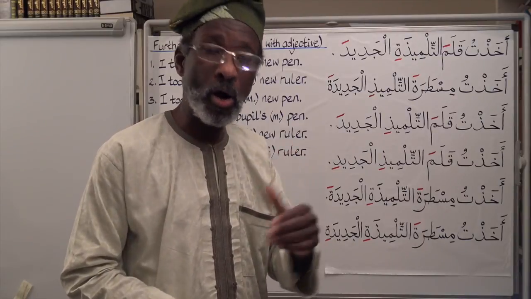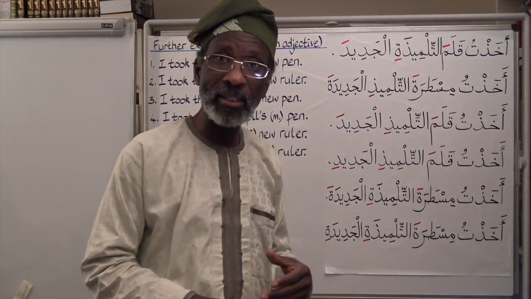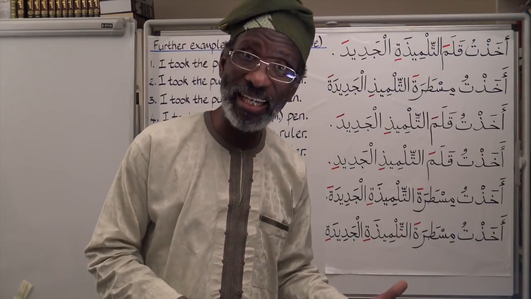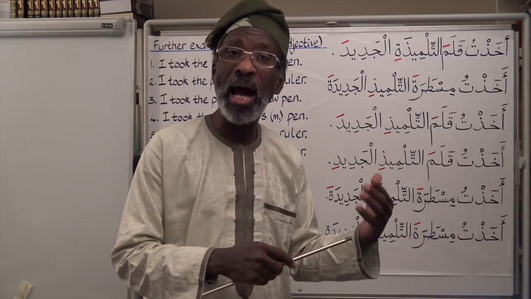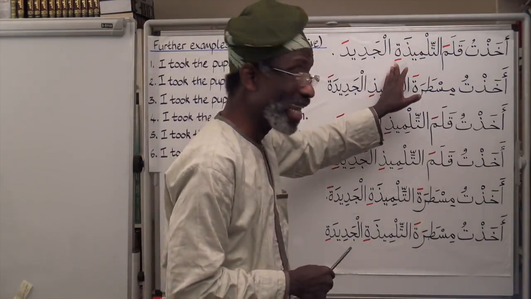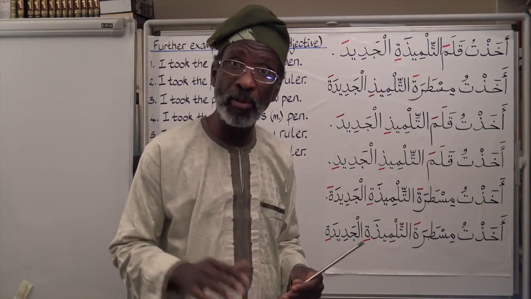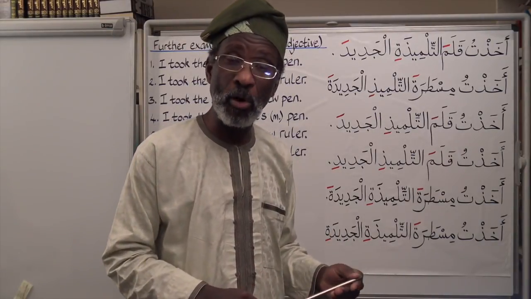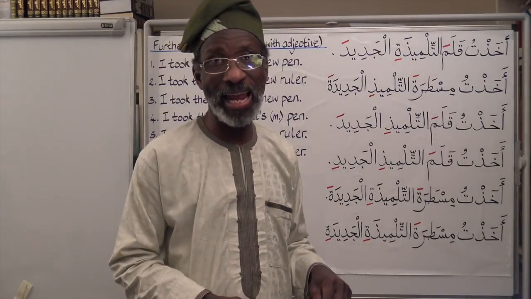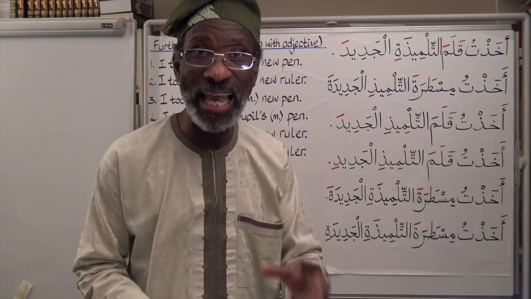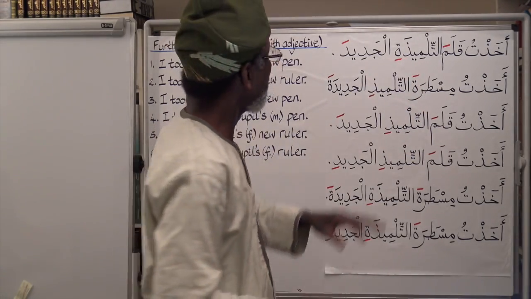That's Idafah construct. And you say التلميذة, that is مضاف إليه. It is the noun to which another noun has been attributed. So مضاف إليه always, as we've already established in previous lessons, ends with genitive case ending, appropriate genitive case ending. In this case, it's singular and it's carrying kasra.